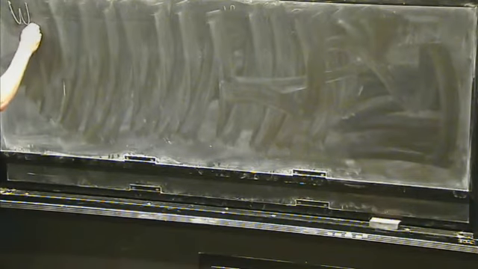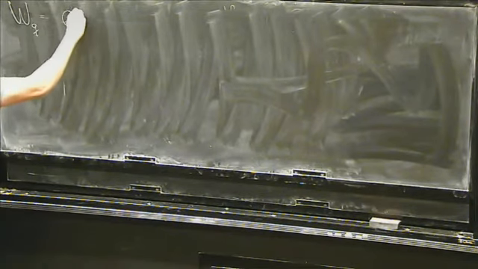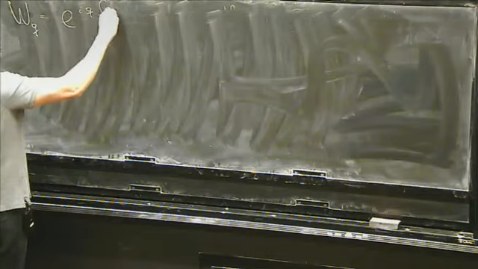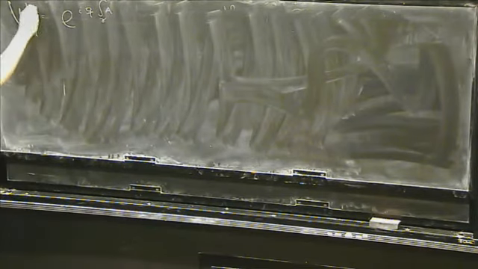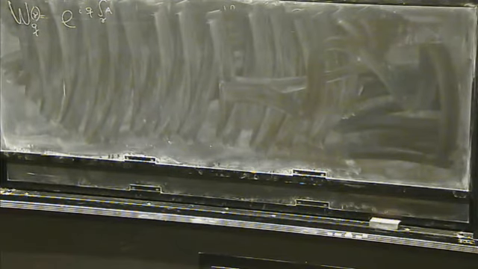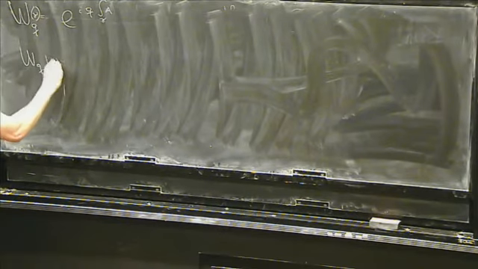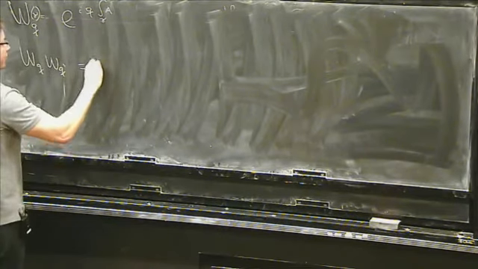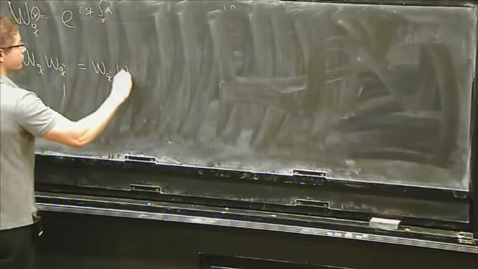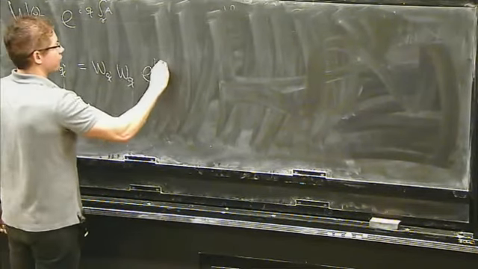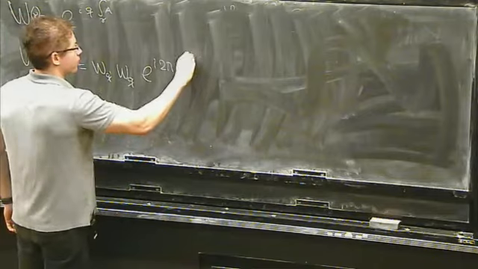W_q is e to the i q integral of A over some curve gamma. And the algebra of these Wilson lines is well known. So if we take W_q prime, it's the same as W_q prime W_q times e to the i 2 pi q q prime over k.